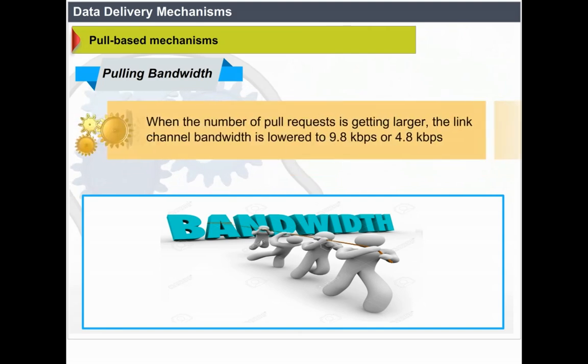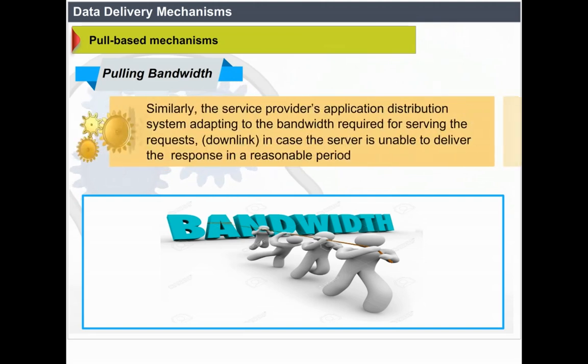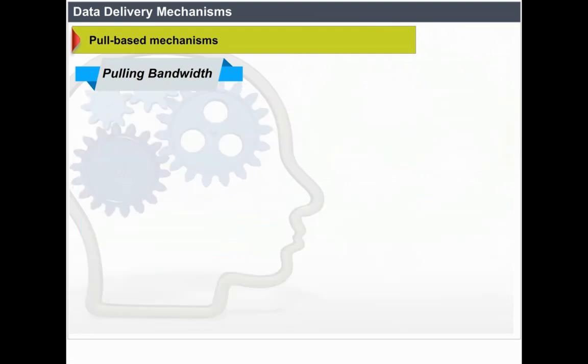When the number of pull requests is larger, the link channel bandwidth is lowered to 9.6 kbps or 4.8 kbps. Similarly, the service provider's application distribution system adapts to the bandwidth required for serving the request downlink in case the server is unable to deliver the response in a reasonable period.